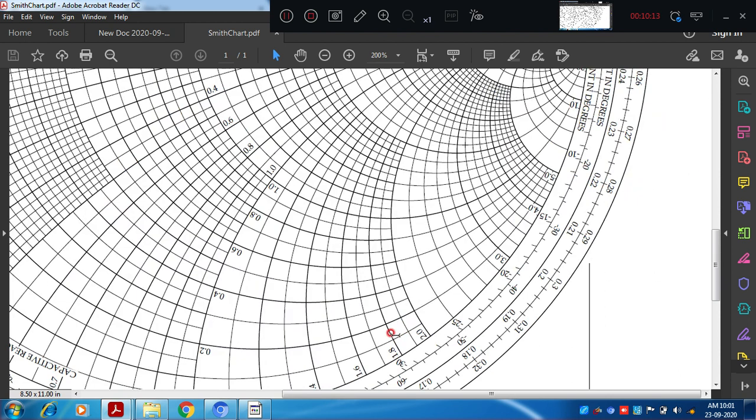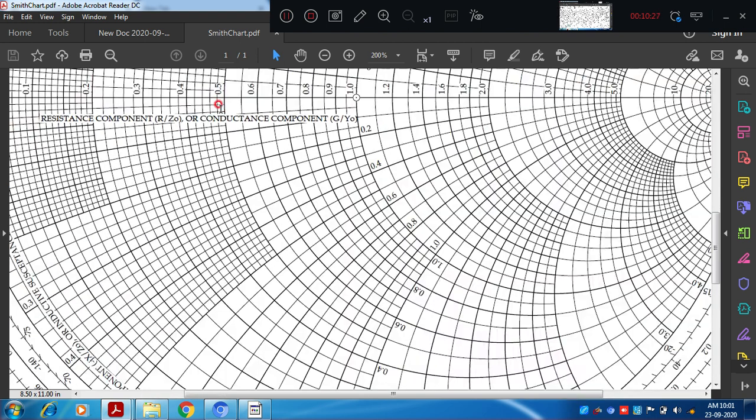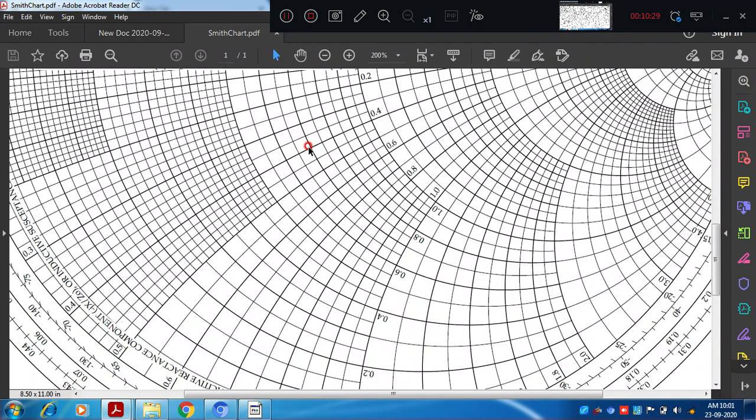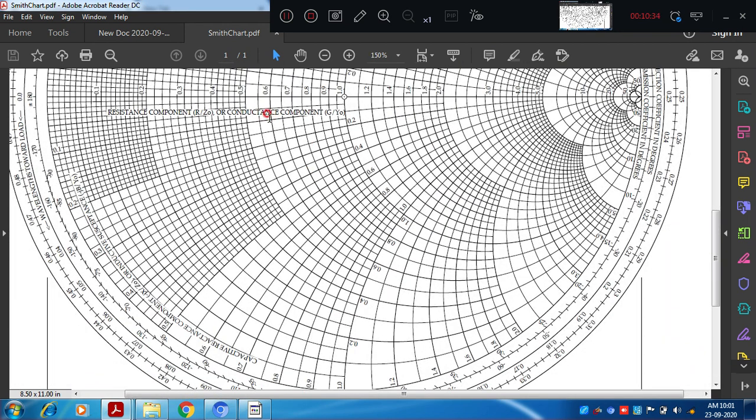Now our task is to find where exactly this 0.5 resistance circle and then this minus 2, where exactly they will intersect. So this is, I'll show in detail, just to go through that. See here, so it is a 0.5, this is the constant resistance circle, it is going in this way, right?